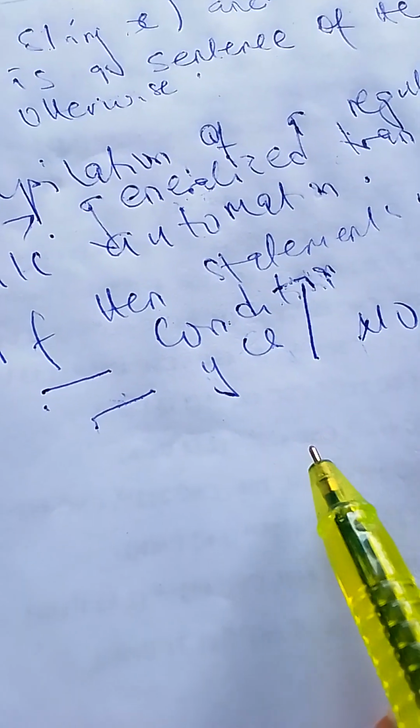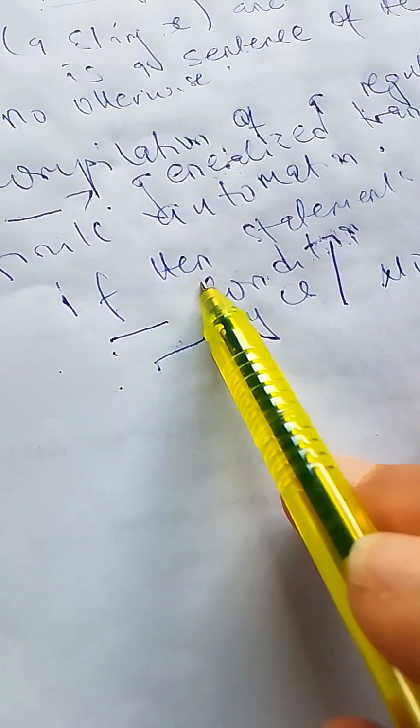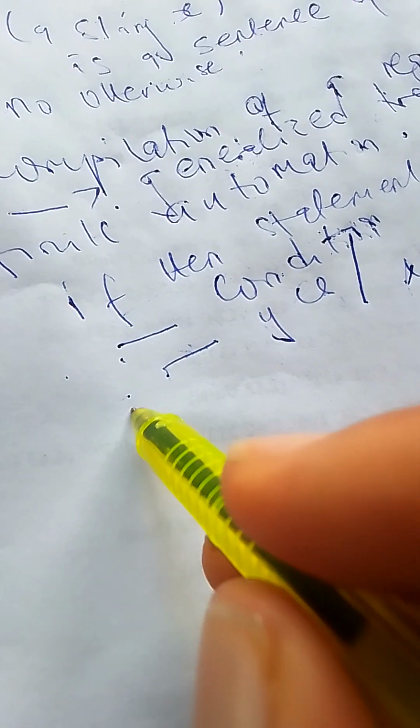So, in the compilation, generating the language into a finite automaton, besides the if-then statement, you also have begin, you also have identifiers such as age, first name, surname, etc. These are all identifiers.